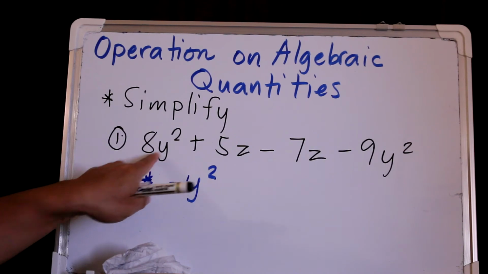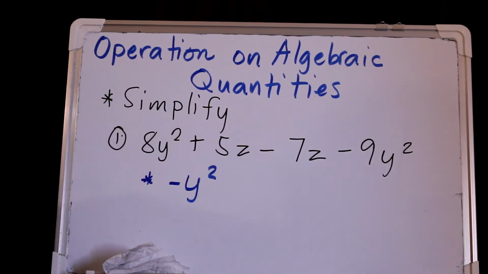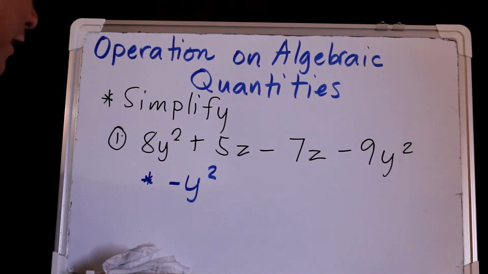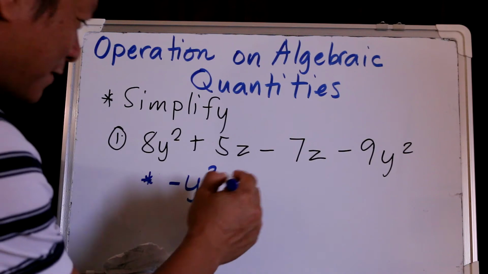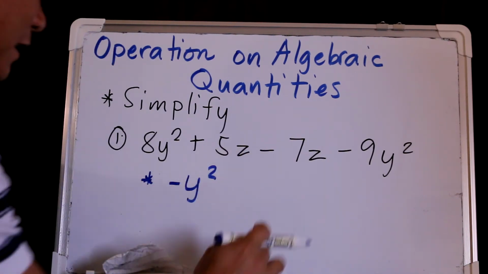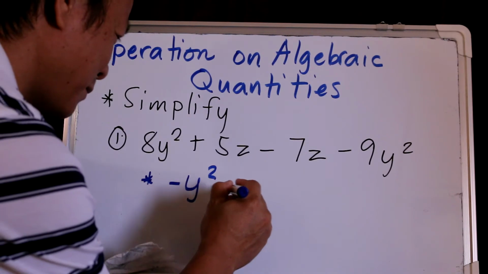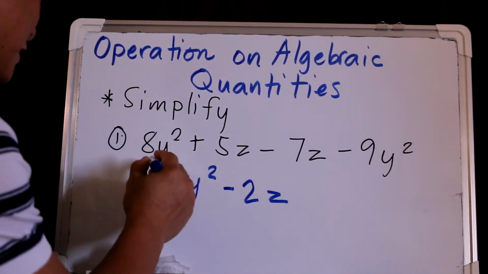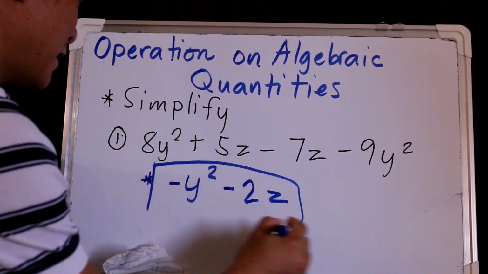That's a positive 8 and a minus 9. So when they combine, we have 1 y, and that's negative. Then you have also positive 5 and minus 7, so that would be minus 2z. This will be our answer.